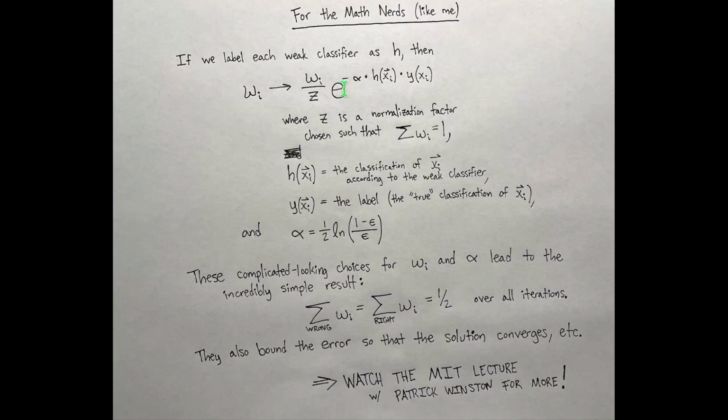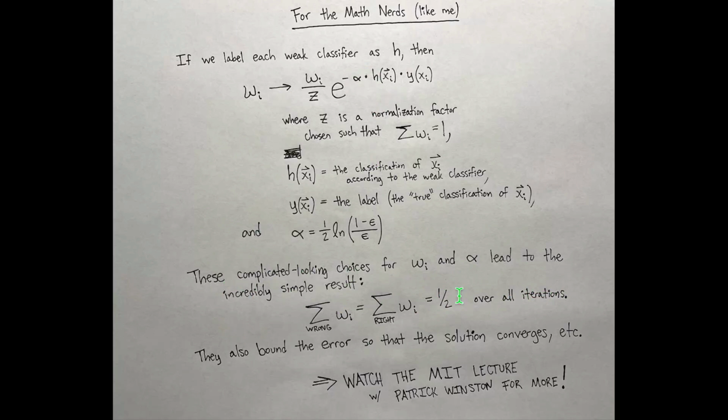The natural log and the exponential are inverses of one another, so this expression actually simplifies a bit, and you can show, and he does that in the lecture, that this amounts to just saying that the sums of the weights over the ones you just got wrong and the ones you just got right are both equal to 1/2 over all iterations. So this is a way easier way to scale the weights than computing all these exponentials.